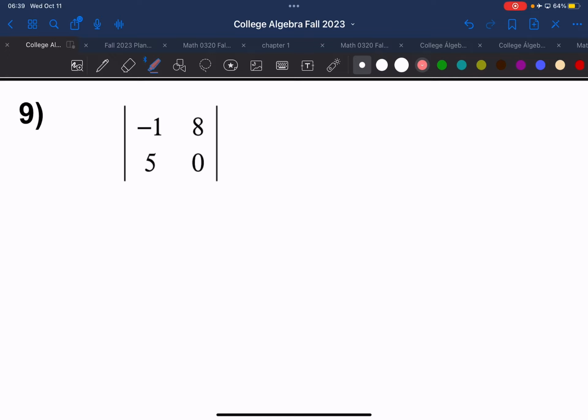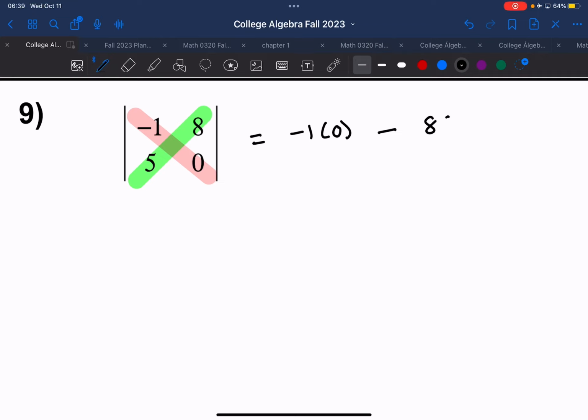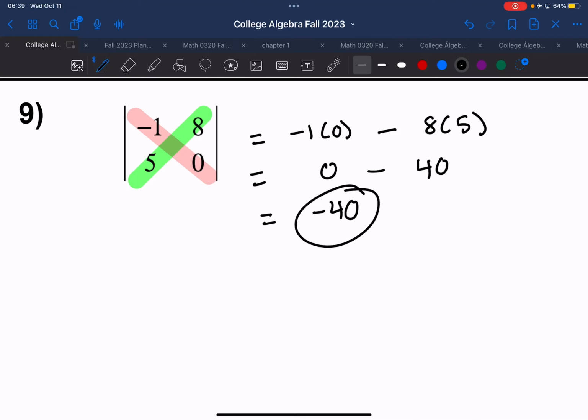Okay, so you should have done this diagonal first. So -1 times 0 minus the other diagonal, 8 times 5. So you should have got 0 minus 40, which is -40.